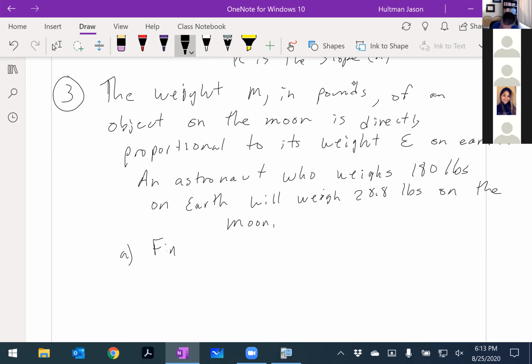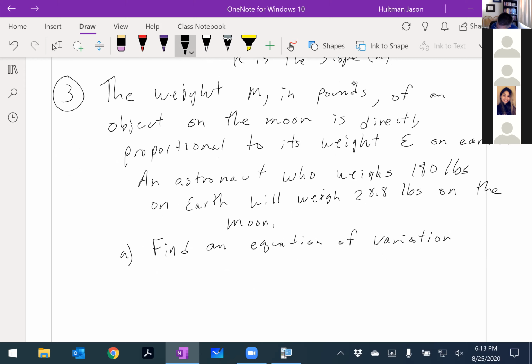A, find an equation of variation. Okay, let's find an equation of variation. So we want y equals kx.